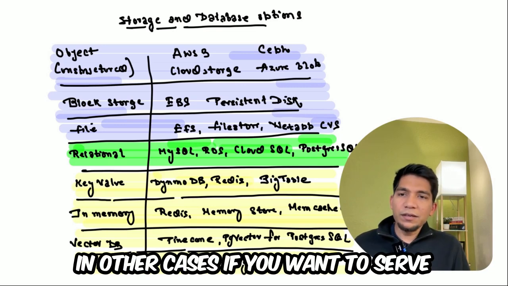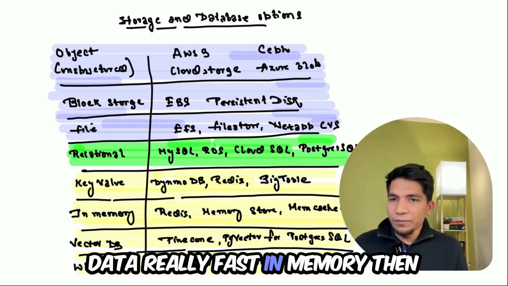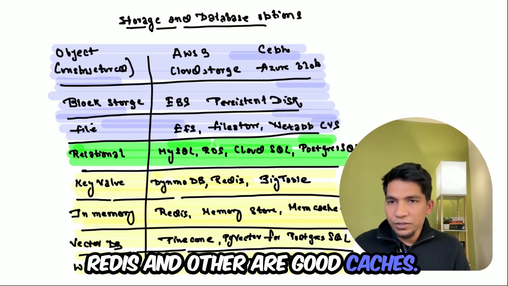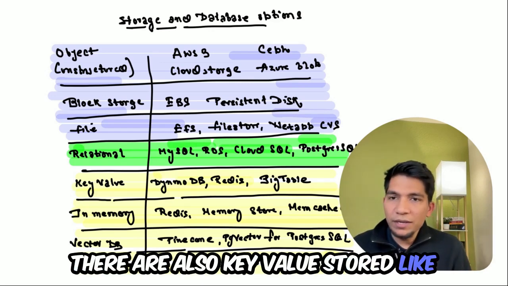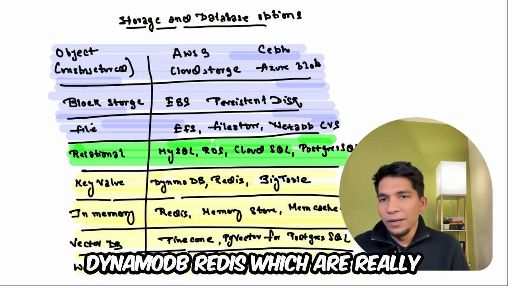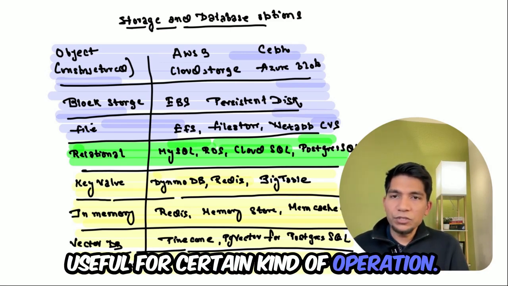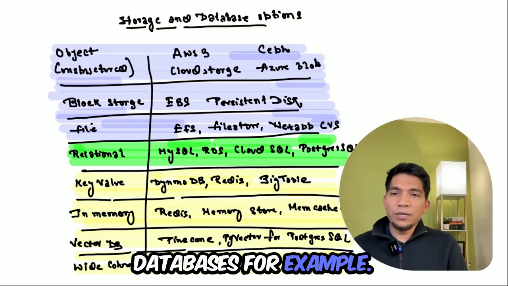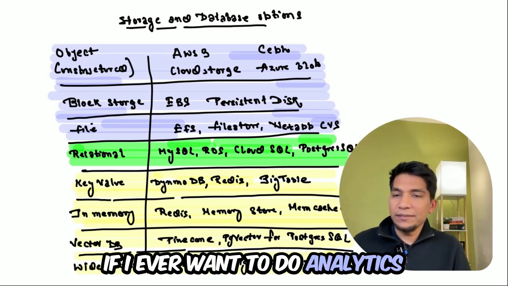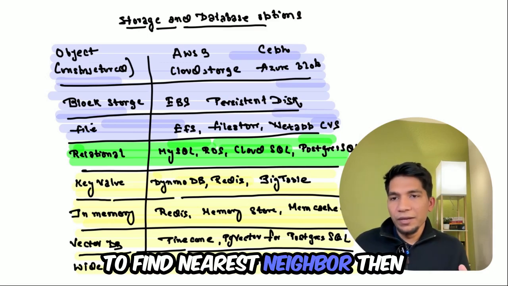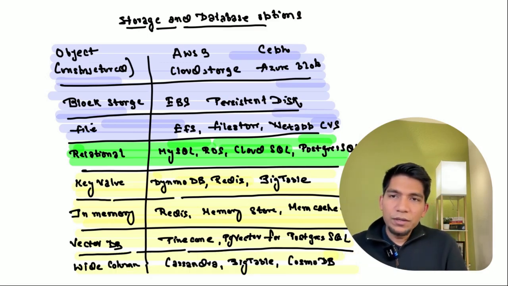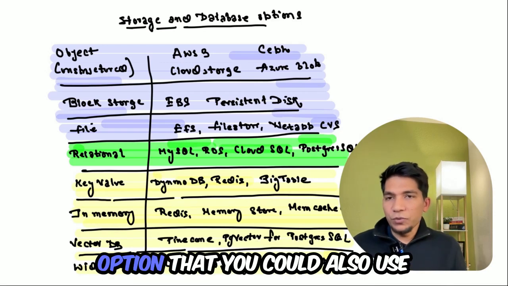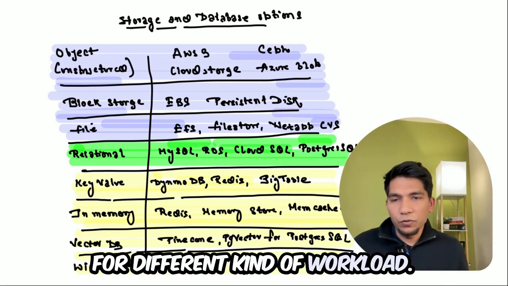In other cases, if you want to serve data really fast in memory, then Redis and others are good caches. There are also key-value stores like DynamoDB, Redis, which are really useful for certain kinds of operations. There are also vector databases. For example, if I want to do analytics and others where I want to find nearest neighbors, then this is pretty helpful. So these are some database and storage options that you could also use for different kinds of workloads.